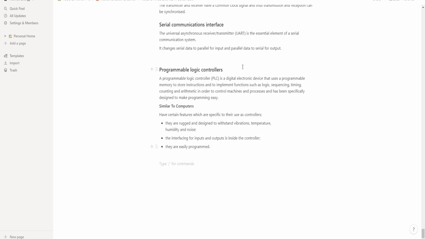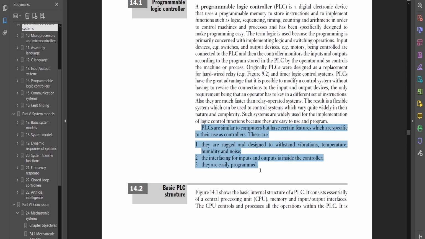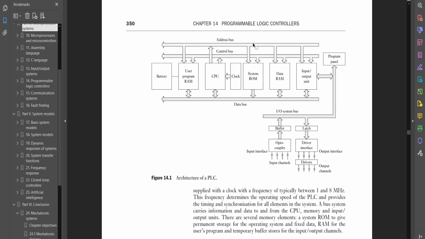Okay. I try and make my notes neat because if they're not, you're probably not going to go through them. The basic PLC structure. Figure 14.1 shows the basic internal structure of a PLC. It consists essentially of a CPU, memory, and input-output interfaces. The CPU controls and processes all information. So this is a PLC.